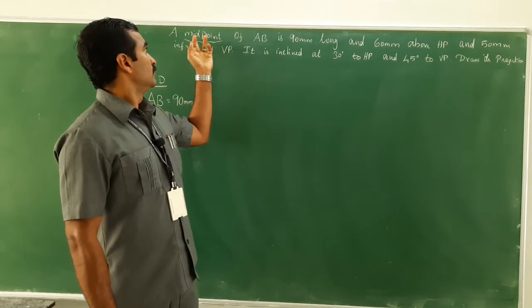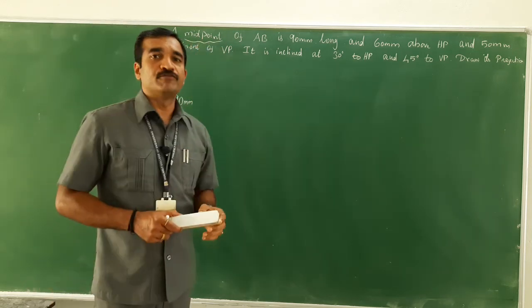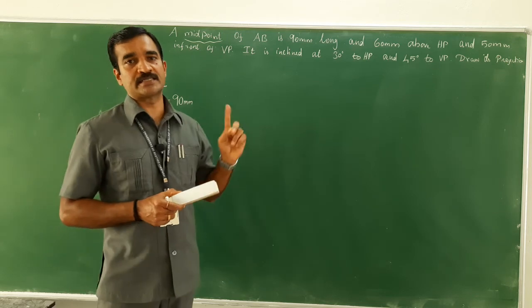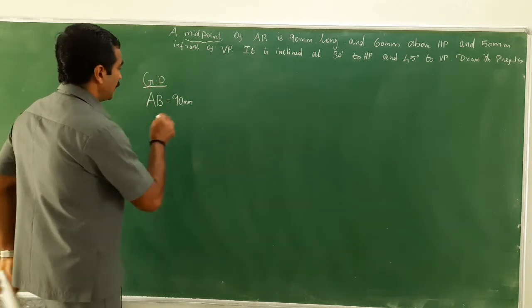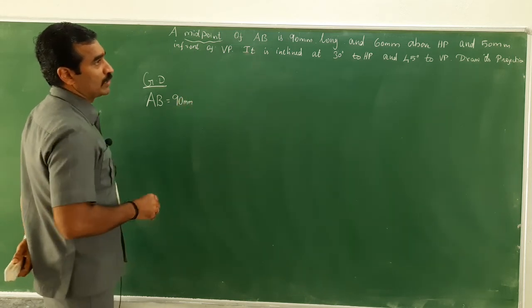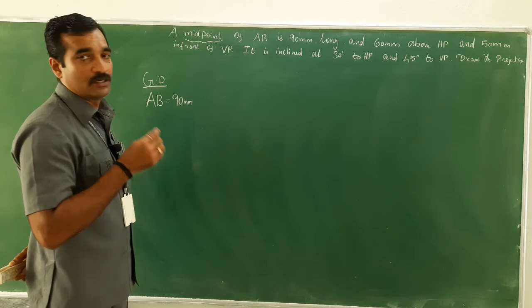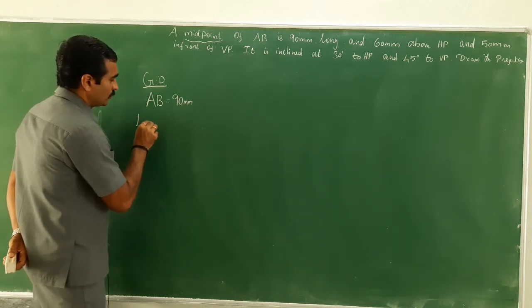When the chapter, that is midpoint of straight line, is concerned, here I am going to draw 6 loci, right? So just observe carefully. Now the locus, that is 60 mm above HP, that is the locus of M dash.